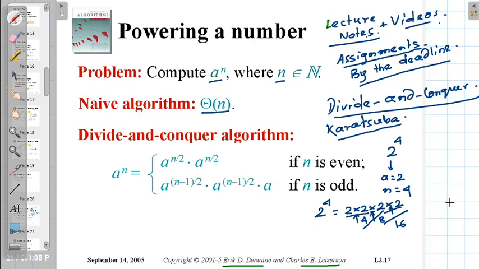Can you tell me, anybody? Everybody agreeing with that fact? n, or n minus 1, or order of n?